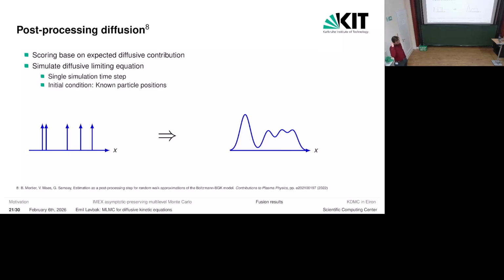And you say, okay, I have a PDE description of this diffusive dynamics. So I plug these Dirac deltas as a kind of initial condition into this PDE. I run a PDE solver for the amount of time that I did this random walk. And then I get some kind of spatial solution which gives me my diffusive contributions from the Monte Carlo. It feels like something that would work, but it has not been verified on a more complicated case set, so I cannot show you those figures yet.